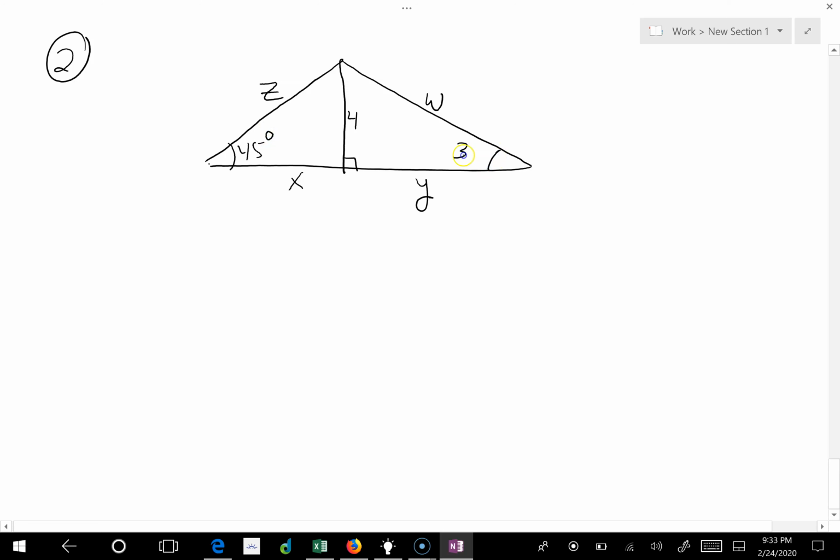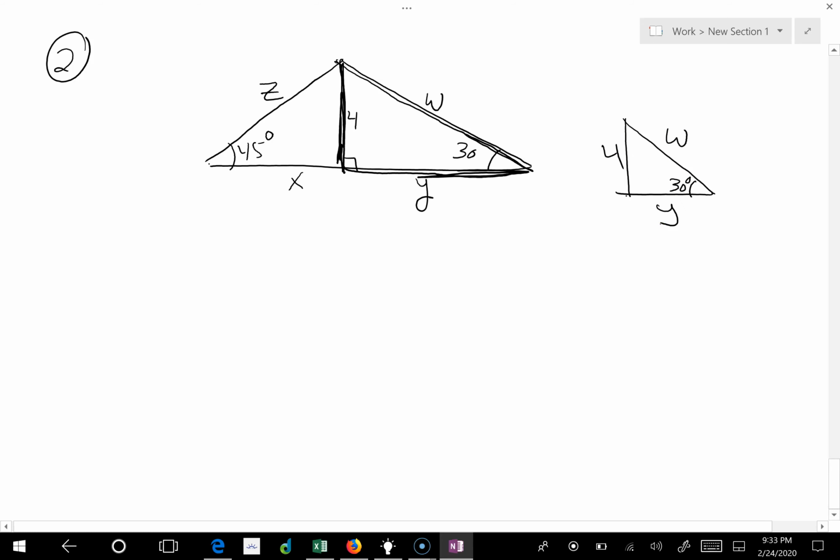And this one is 30 degrees. If you just think of this triangle right here, to find Y and W first, you can copy the triangle outside. This is 30. This is W, this is 4, this is Y.